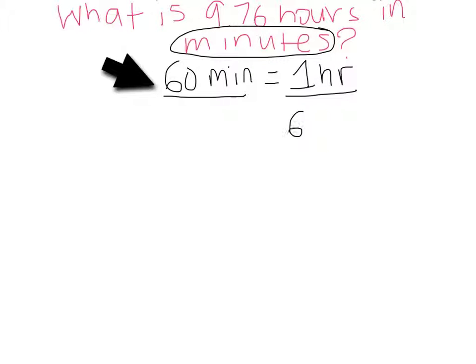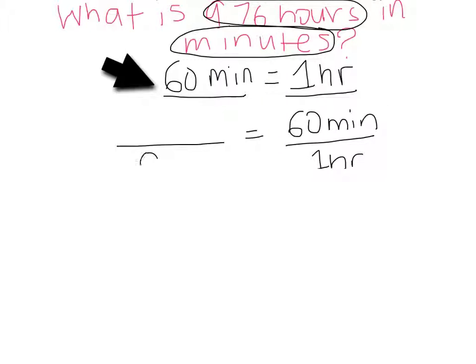So 60 minutes divided by 1 hour. Since hours is at the bottom, right here, we're going to use this hour that we know, 9.76 hours, and we're going to put it at the bottom as well, 9.76 hours. So then at the top would be question mark minutes.